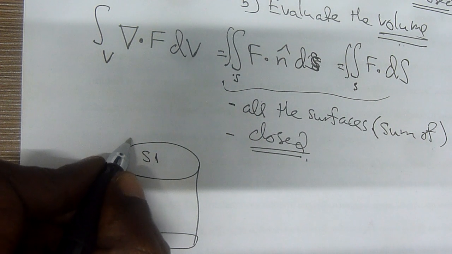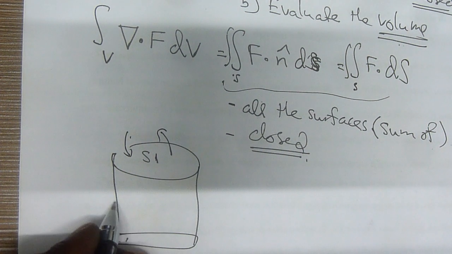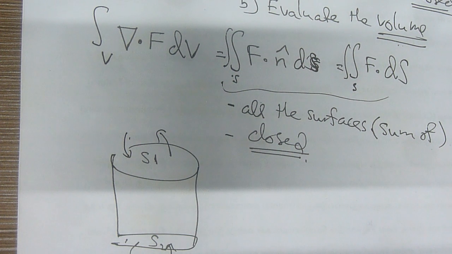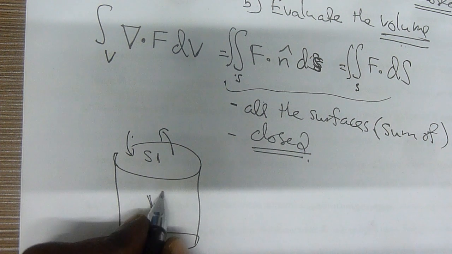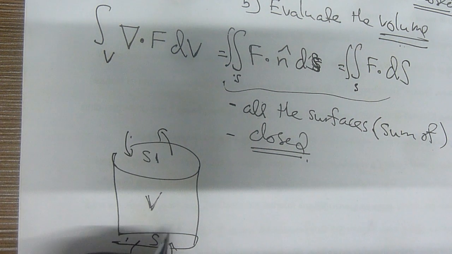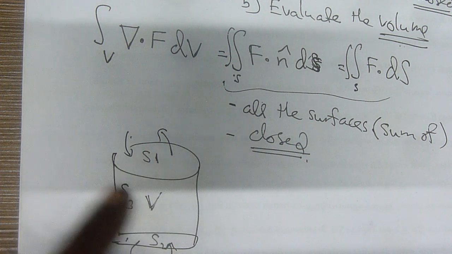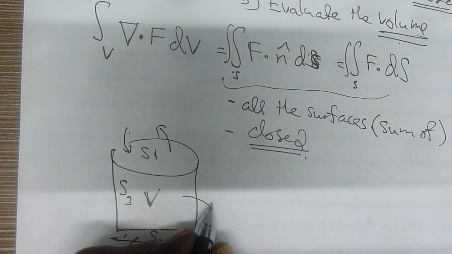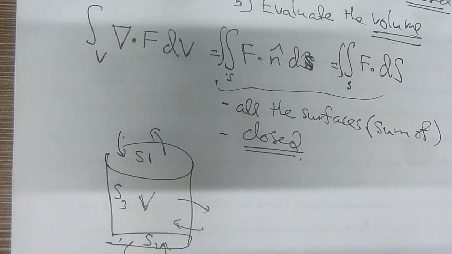Consider the divergence in and divergence out, and there is S2 here, in and out, and of course there is the volume that we are referring to, and this is S3, the cylindrical surface, where things may go out and come in as well.